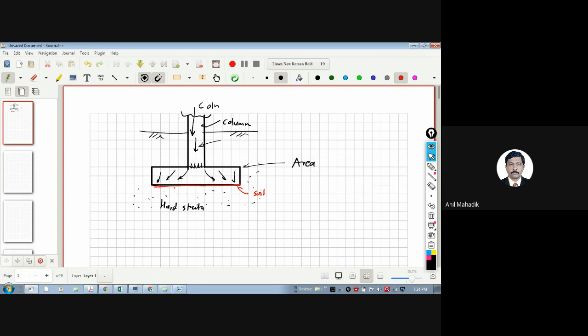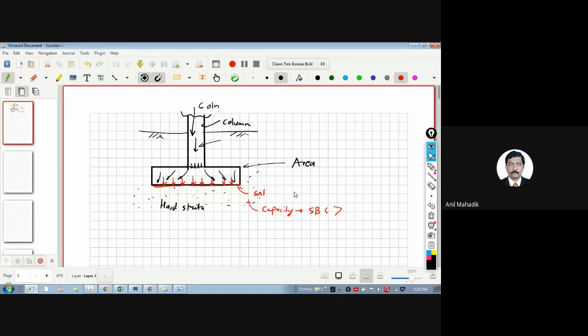All of you know that any soil has a capacity. The capacity of soil we generally call the soil bearing capacity, SBC. Whatever stresses are coming on this soil from the footing level, the capacity should be more than the stresses.